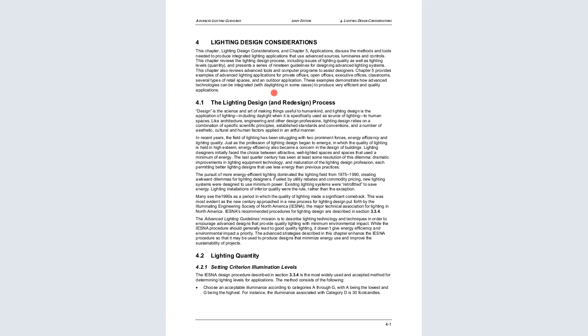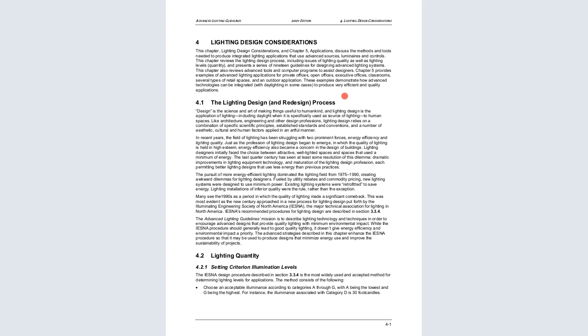Examples of advanced lighting applications are given for private offices, open offices, executive offices, classrooms, several types of retail spaces, and outdoor applications. These examples demonstrate how advanced technologies can be integrated, including daylighting in some cases, to produce highly efficient and quality applications.